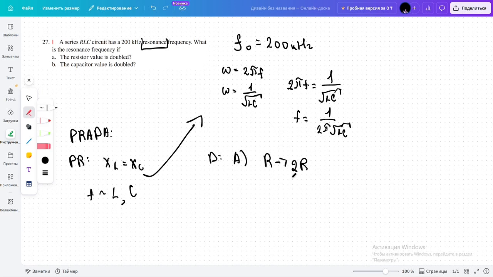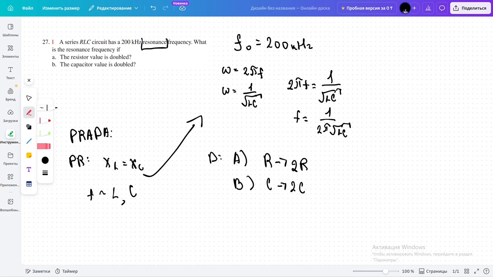And in case B, we modify the capacitance, our capacitance becomes doubled. This allows us to see how each component independently affects the system's heartbeat.